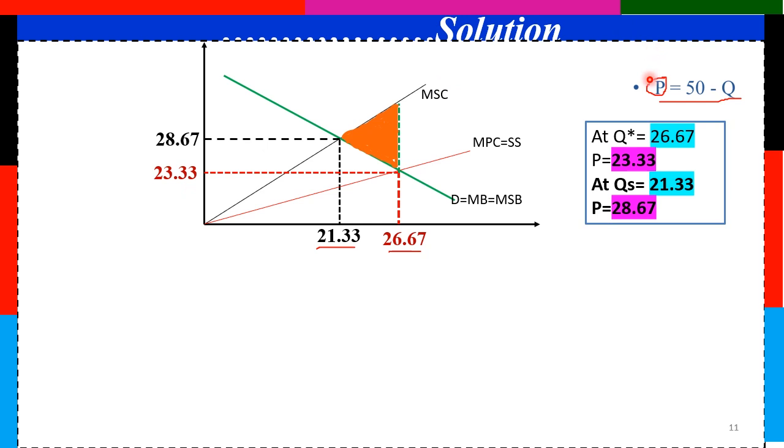Again, in order to get the price at socially optimum level, put this number in place of Q here, then you can get 50 minus this number, which means 28.67.